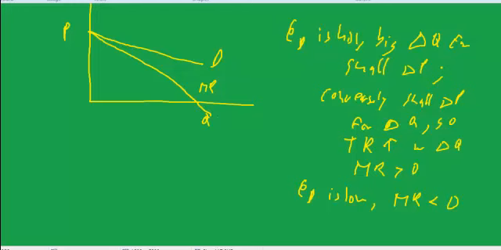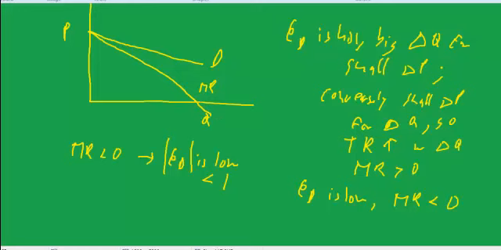This point down here, where marginal revenue is less than zero, is a point where the elasticity of demand is low. In fact, the absolute value of the elasticity of demand is less than 1 below this point.